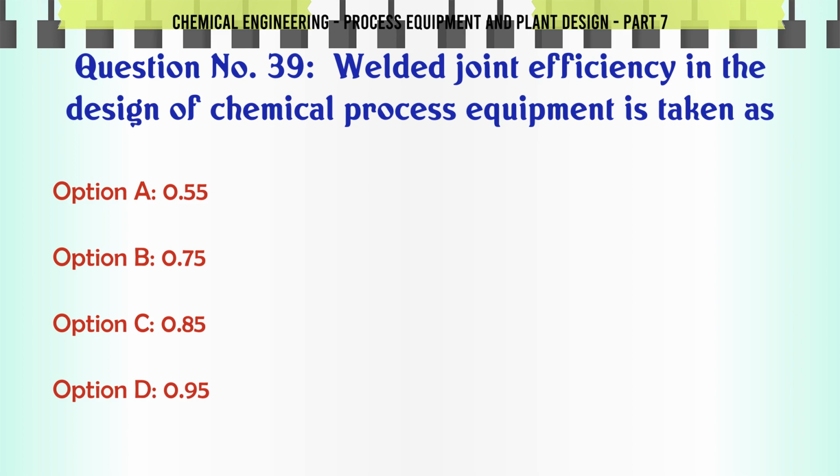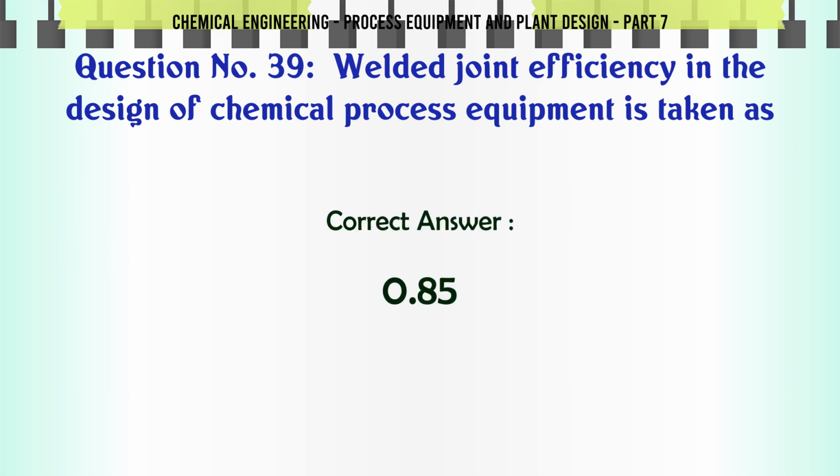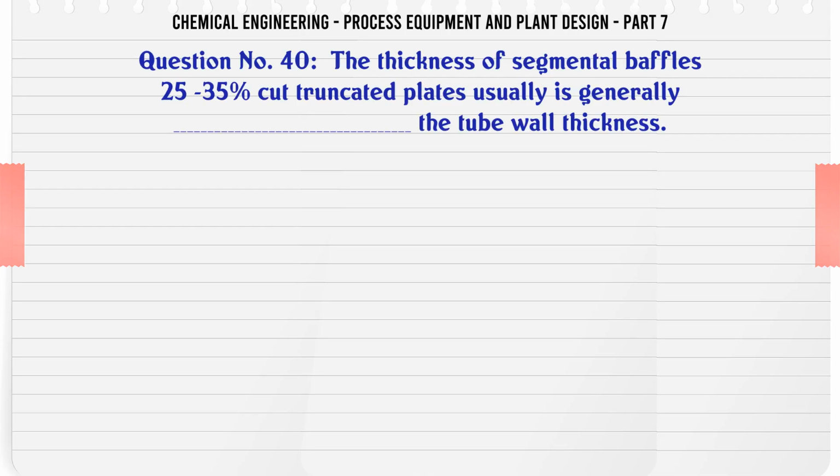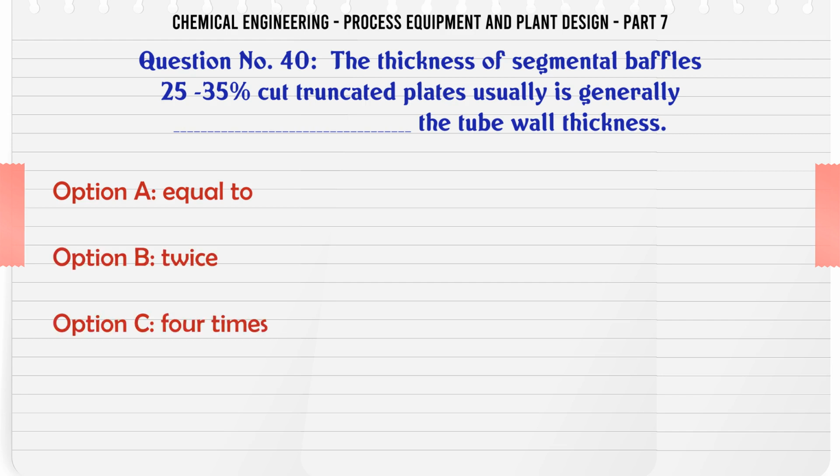Welded joint efficiency in the design of chemical process equipment is taken as A. 0.55, B. 0.75, C. 0.85, D. 0.95. The correct answer is 0.85. The thickness of segmental baffles, 25-35 cut truncated plates, usually is generally the tube wall thickness. A. Equal to, B. Twice, C. 4 times, D. Half.